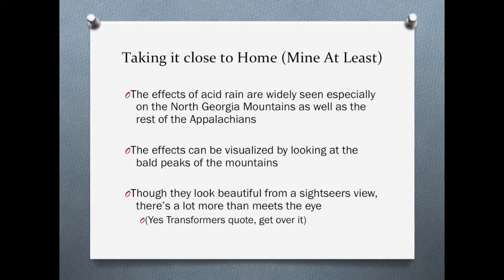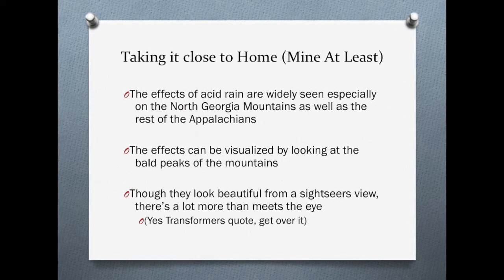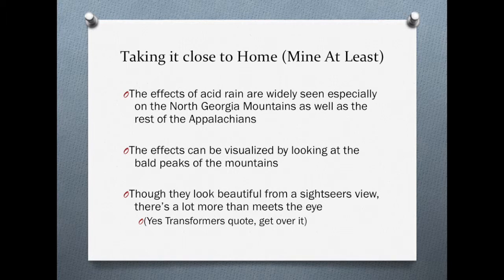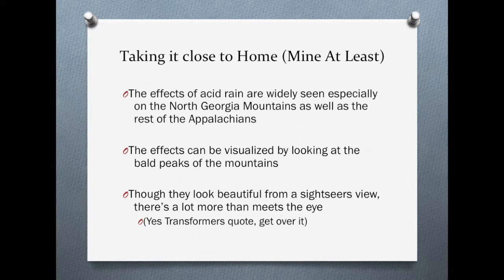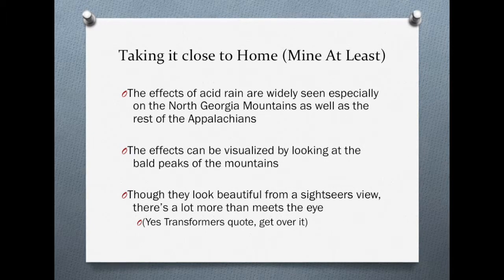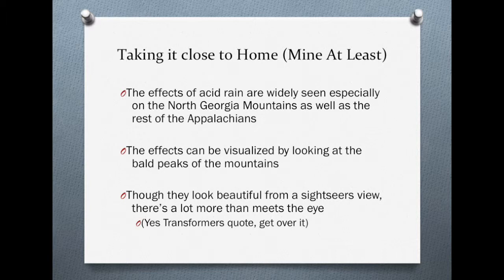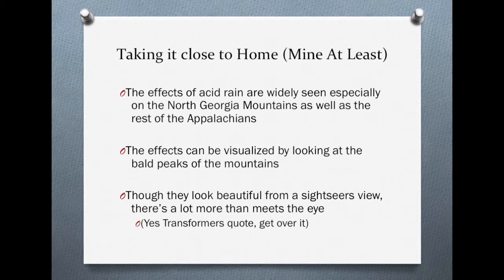And famously, a lot of the Appalachian Mountains are starting to have bald peaks, and that's becoming an increasingly big problem that people are noticing, because acid rain is basically the cause of all that.